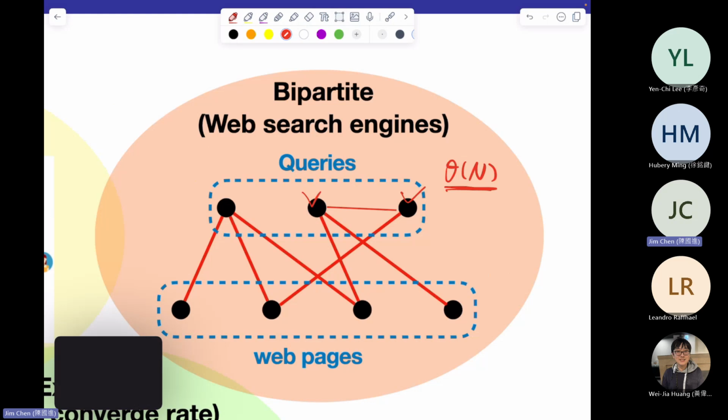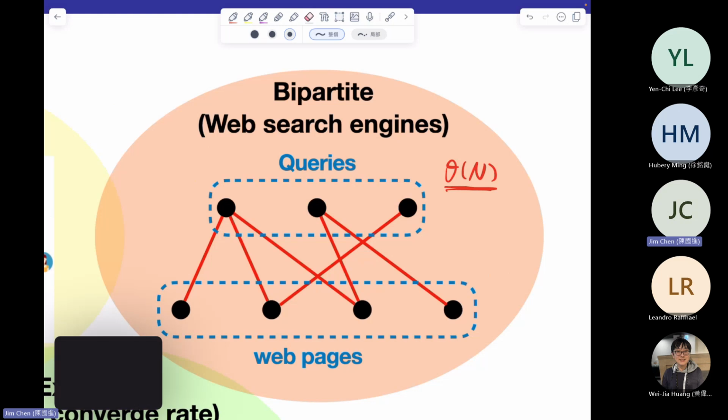For example, let's assume this is a given graph, and if we are allowed to remove this edge, such that the graph becomes bipartite, that is what we call close.